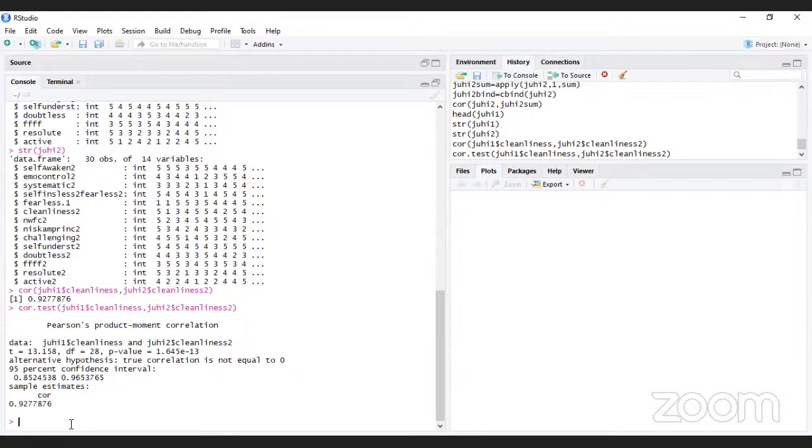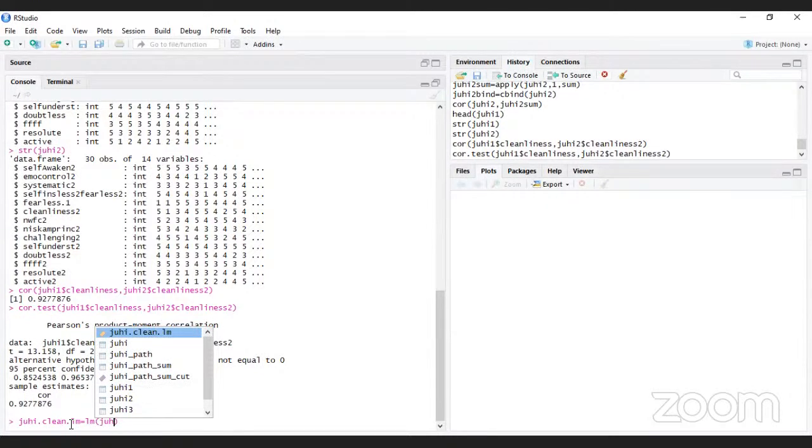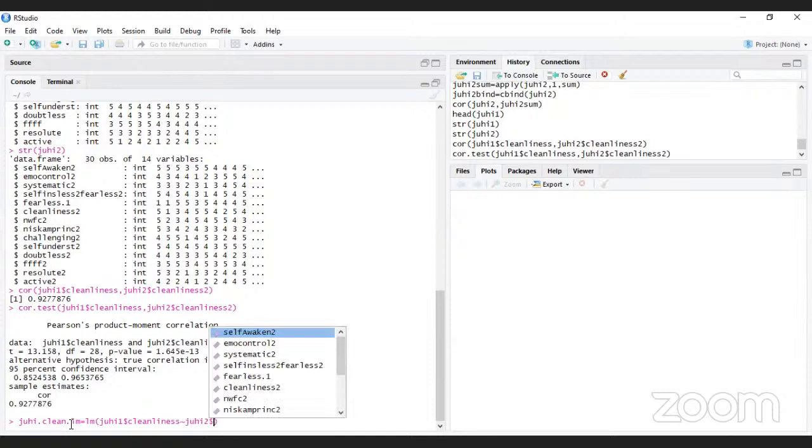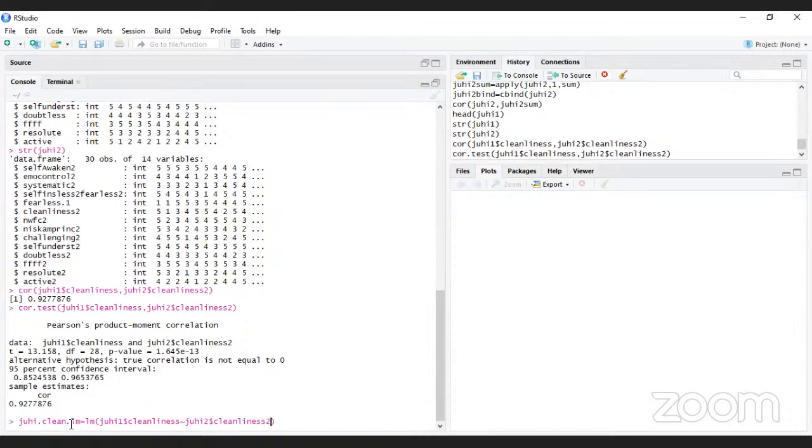What I can do, I can write Juhi.clean.lm equal to lm, then bracket Juhi$1 cleanliness, and then tilde Juhi$2 cleanliness. Okay. So I get this data.